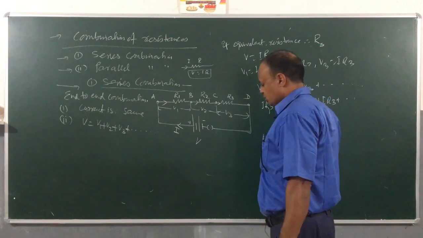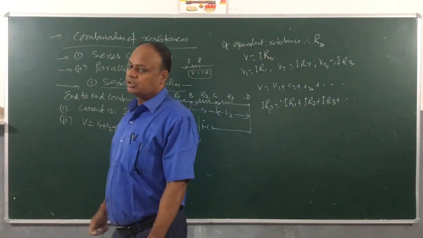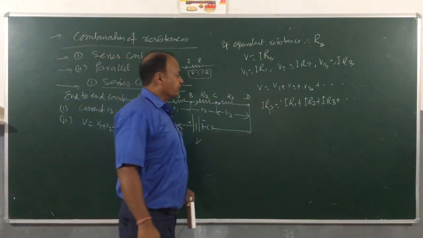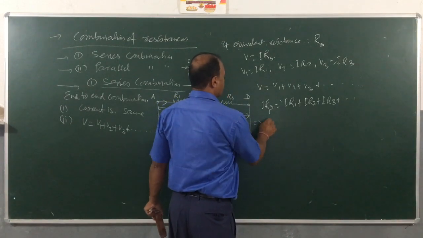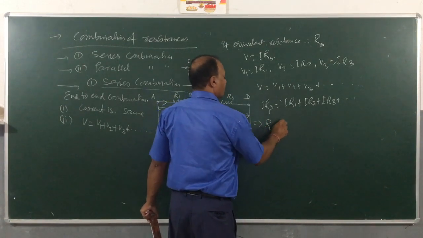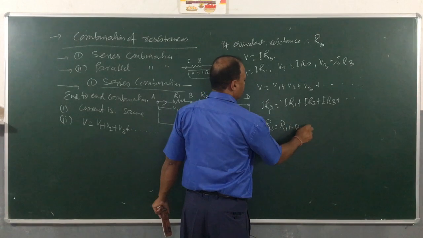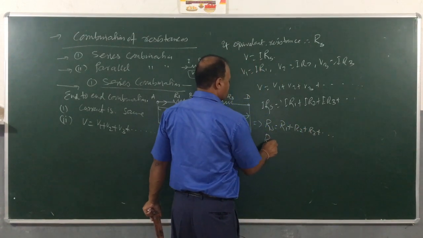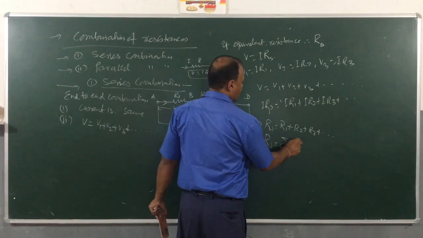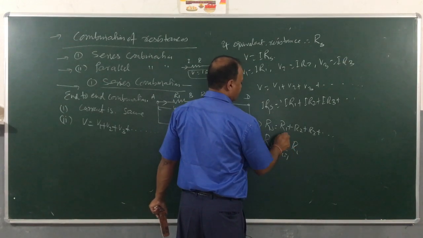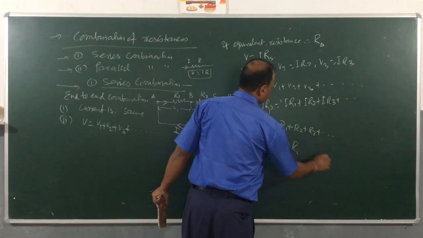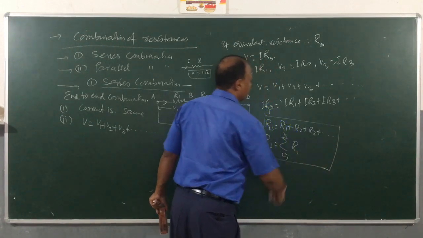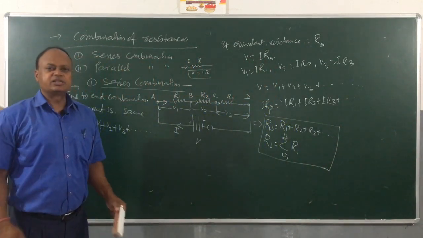Now children, we cancel out I which is common on both sides. So RS is equal to R1 plus R2 plus R3. It will go on. So we can write RS is equal to the sum of Ri, i from 1 to n. So this is the equivalent resistance of series combination.